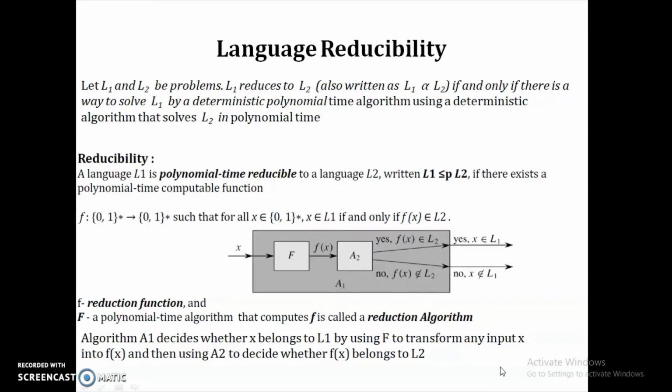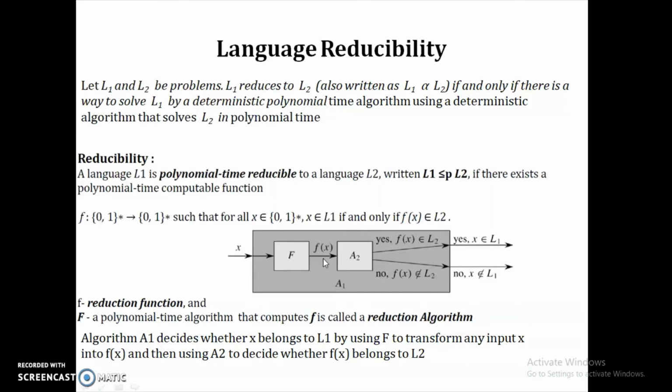It is a string in the form required by language L2. So the input x for the language L1 is given to a mapping function, or the reduction function f, which will convert this input x into f(x), belonging to the L2 form, right?